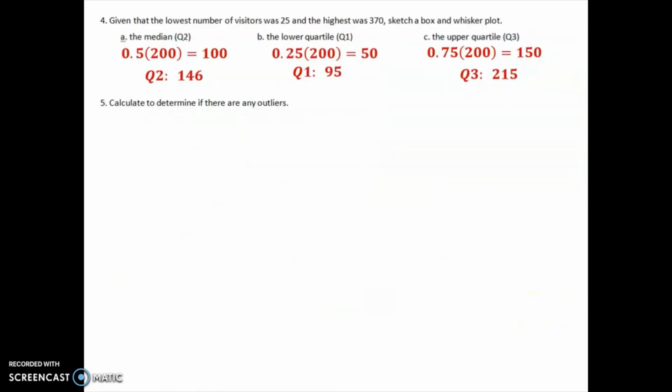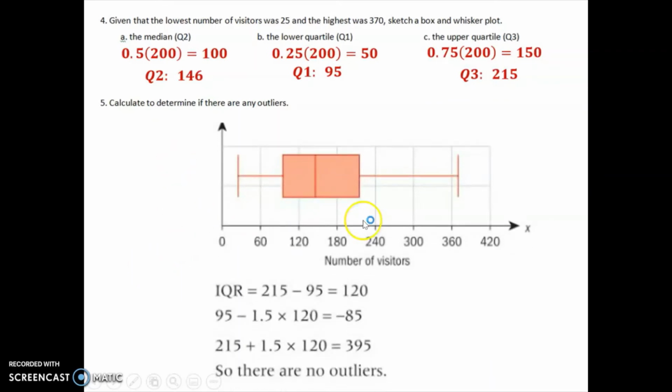Now let's take this a little bit further and see if you can find the outliers. Do you remember how to find outliers? You need IQR, then you're going to multiply by 1.5. Do you remember the process? Let's try. Here's a box plot first of all, based on our minimum amount of visitors, our maximum amount of visitors, and our Q1, Q2, Q3 that we found here.